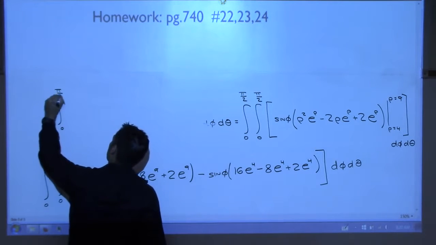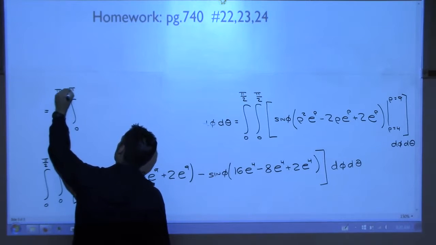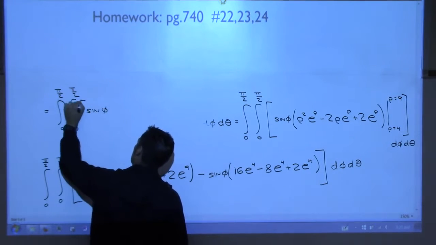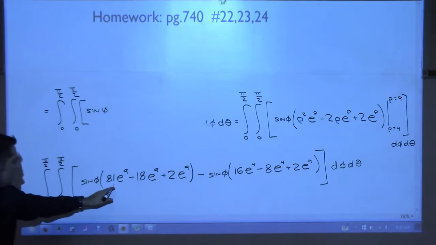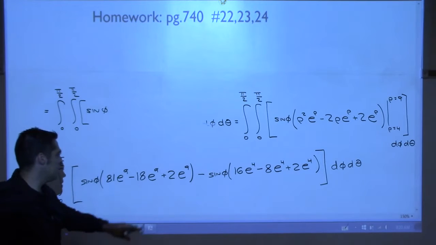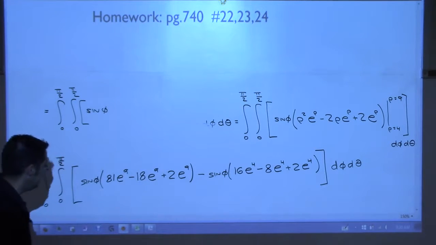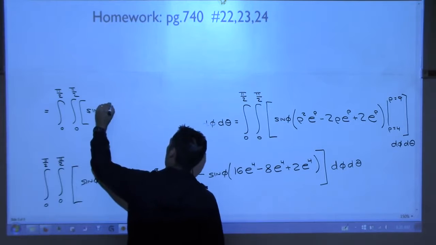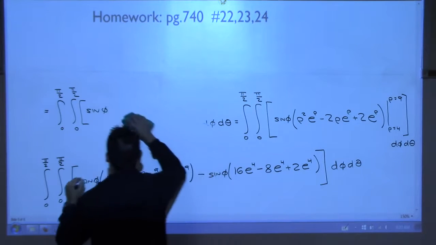Integral from 0 to pi over 2, integral from 0 to pi over 2. All right, sine phi. And then, let's see, 81 of these. 81 plus 2 of them is 83. So 83 minus 18, right? 83 minus 18 is going to give you 65. So we get 65 e to the ninth.